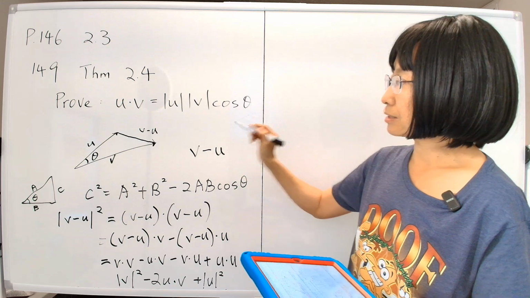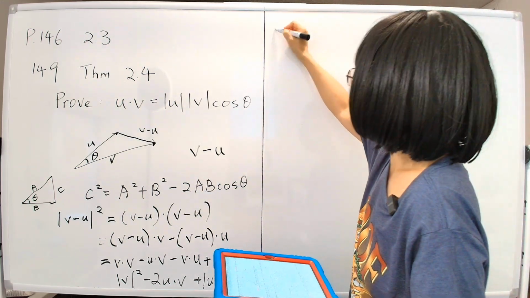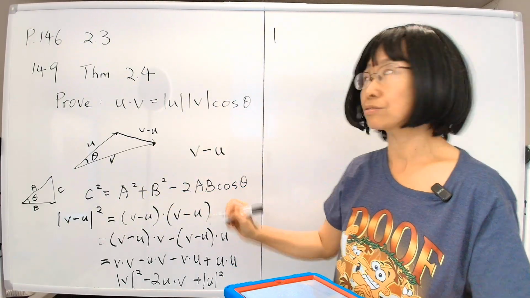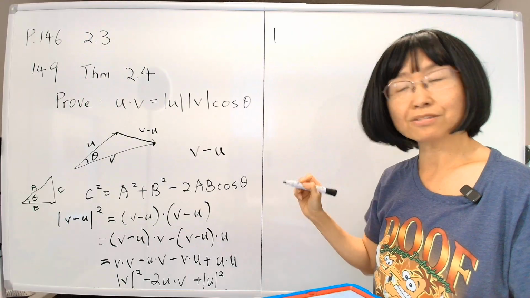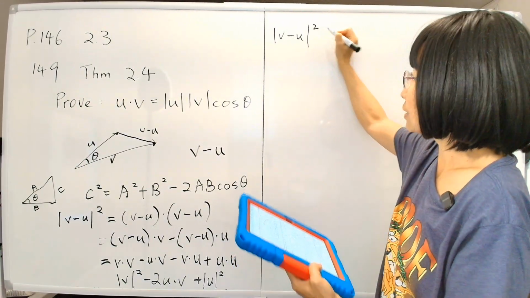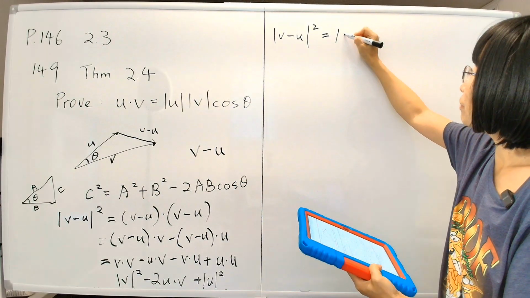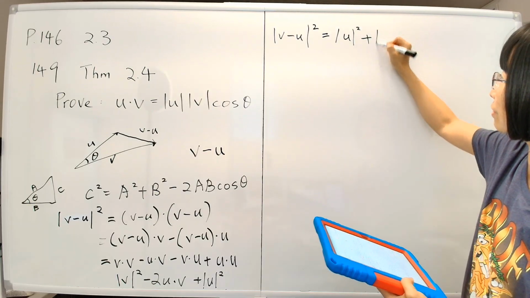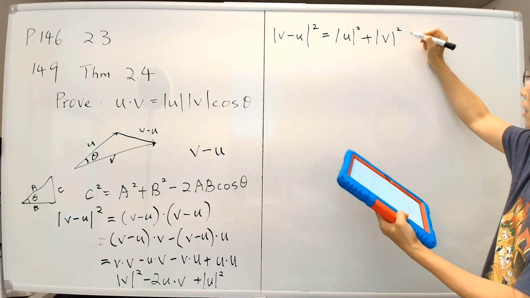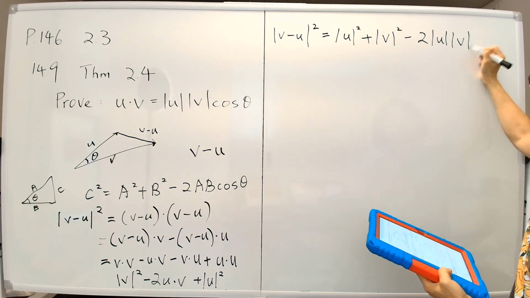So we plug it into the law of cosines: we'll take c equals v minus u, c squared is the magnitude of v minus u squared, which equals, plugging everything in, magnitude u squared plus magnitude v squared, okay, we're talking about the law of cosines, and then minus 2uv cosine theta.